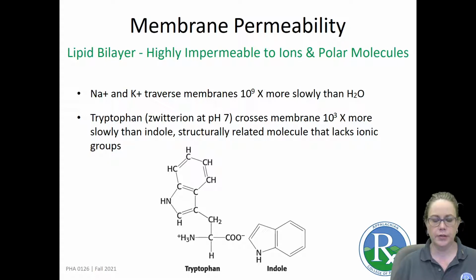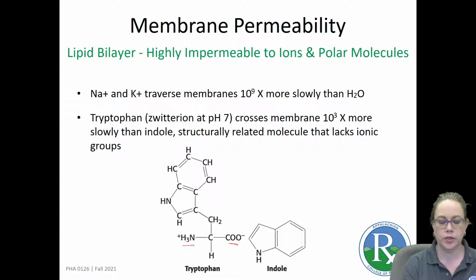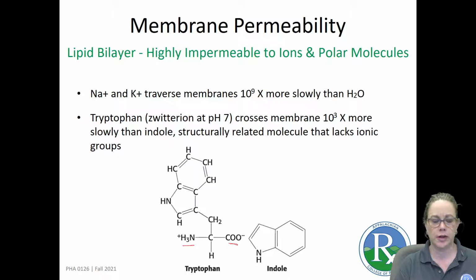Just to get a feel for this, take tryptophan, one of the amino acids we've talked about. We know that it's zwitterionic at pH 7, so it has a net charge of 0, a net neutral molecule, because the minus 1 charge and plus 1 charge cancel each other out. However, that still does affect the polarity and the ability of this molecule to cross the membrane.